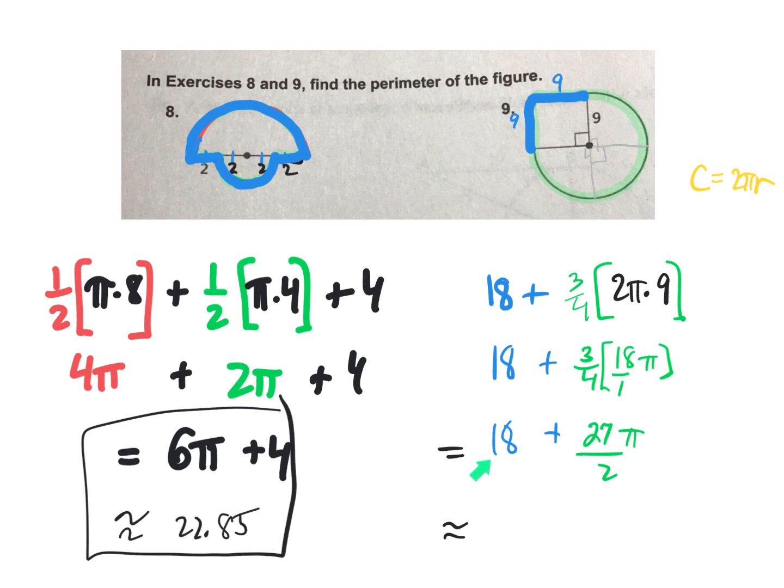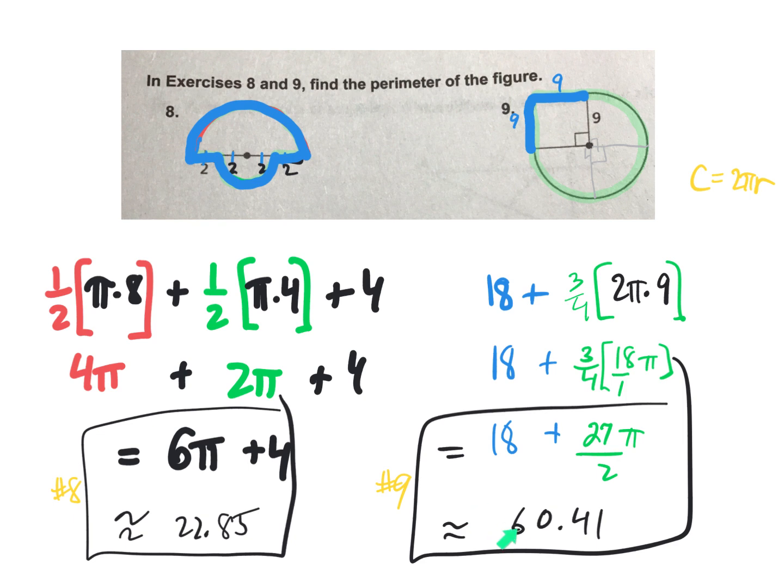So our final exact answer is 18 plus 27 pi over 2. And if we put this in our calculator, we should get an approximate answer that is 60.41. That is the perimeter of this shape, the length of this blue path.